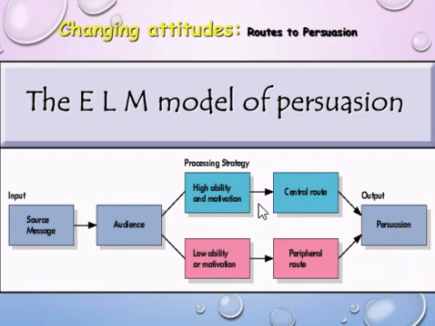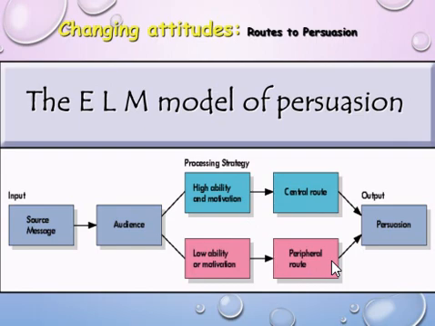If we fail to understand who this person is, we don't persuade them. So I want you to remember these factors: the source, the message, the audience, and this is the channel. I want you to remember this because we're going to discuss the factors later.